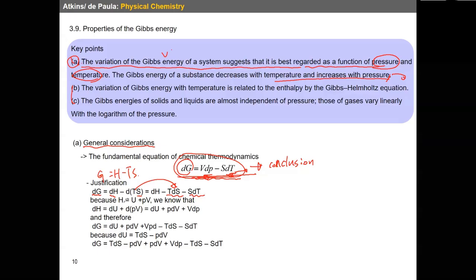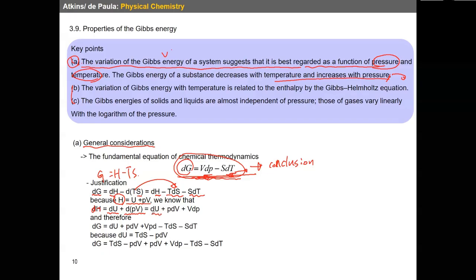And because H equals U plus PV, dH equals dU plus d(PV), right?